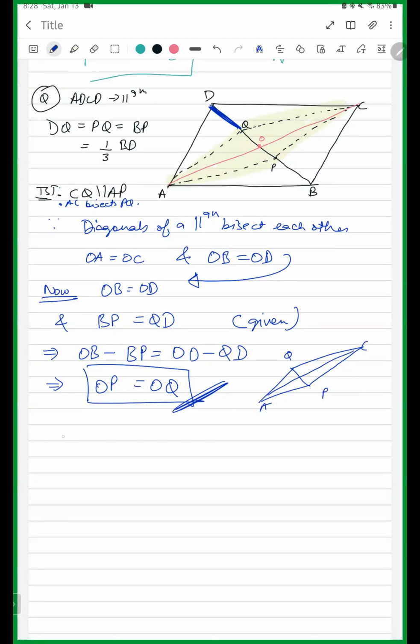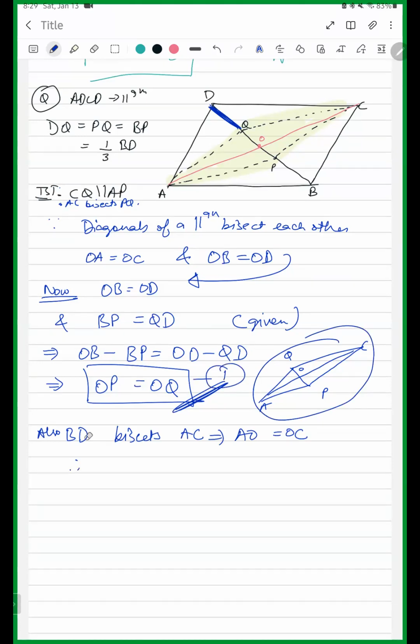So we already know that this diagonal BD bisects AC. So that means AO is equal to OC because it's a parallelogram and we know that the diagonals of a parallelogram bisect each other. So AO is equal to OC, which we've already written here. Let's call this 1 and this one as 2.